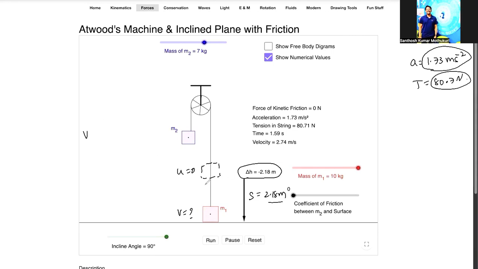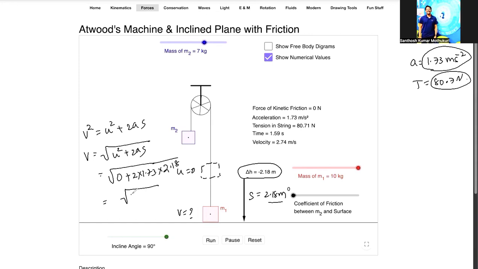Now we have V, U, and S. So I can use the third equation, which is V square is equal to U square plus 2AS. With this formula, V is equal to the square root of U square plus 2AS. This is going to be 0 plus 2 times acceleration 1.73 times the displacement, which is given as 2.18. When you solve this, you will get 7.5774. The square root gives 2.75 meter per second.